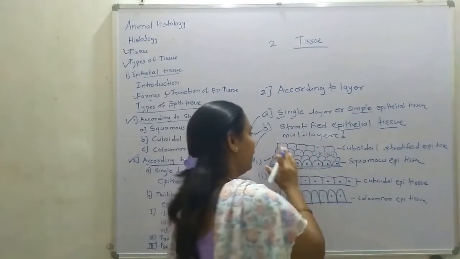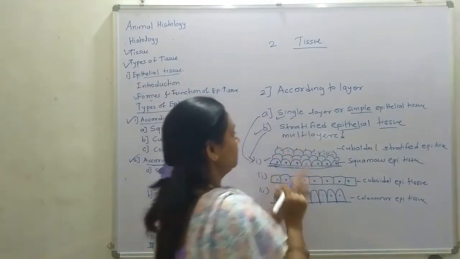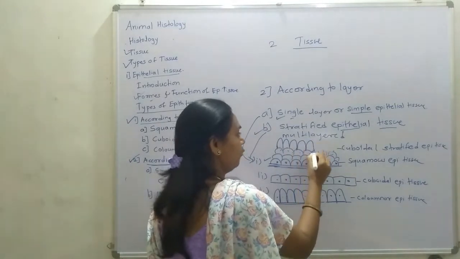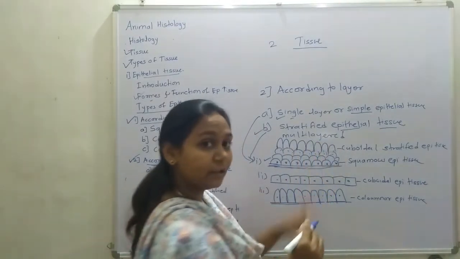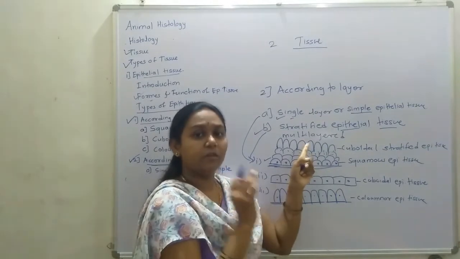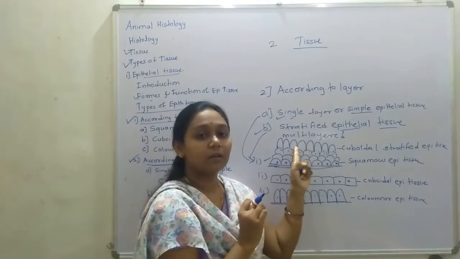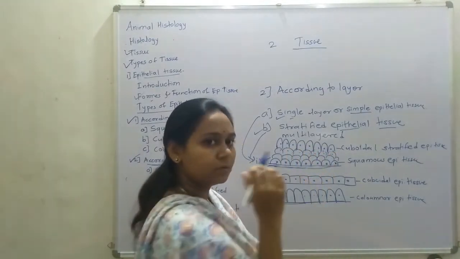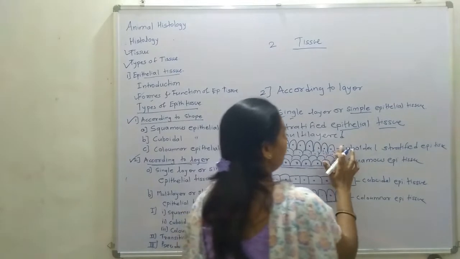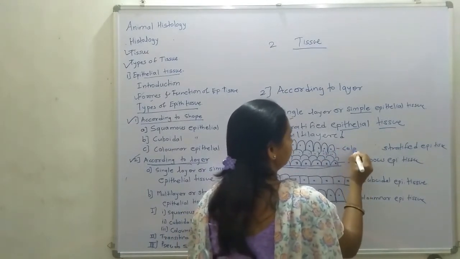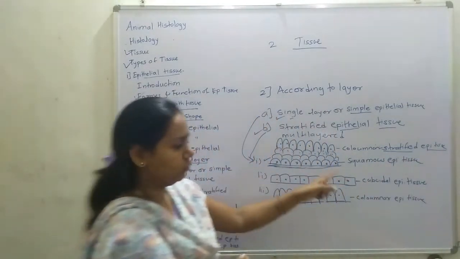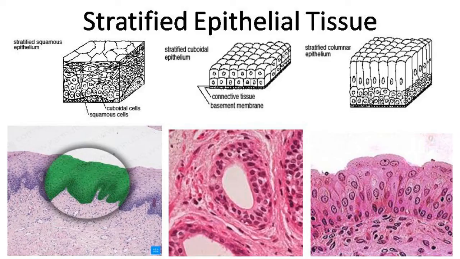If they are not cuboidal, they are columnar. The outer layer is the most important. Which type of cell is present on the outer layer? That type of cell gives the name, so if it is columnar, it is columnar stratified epithelial tissue.